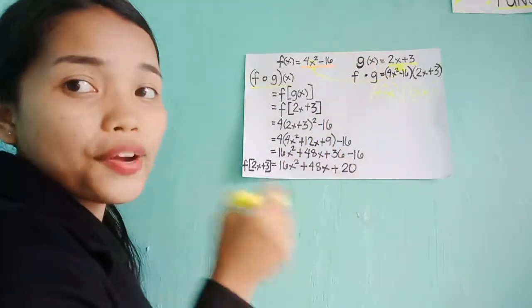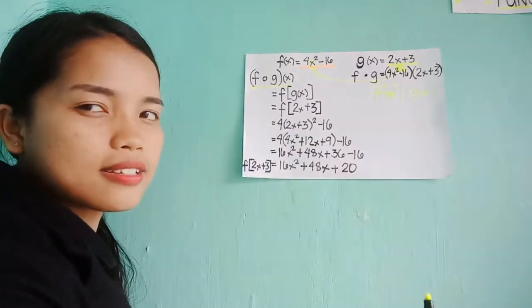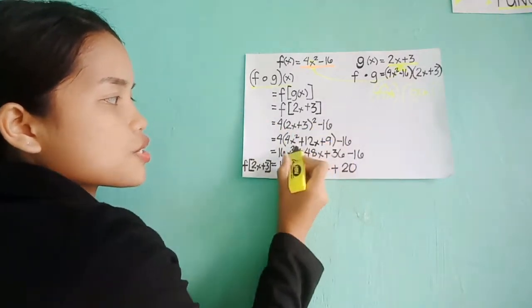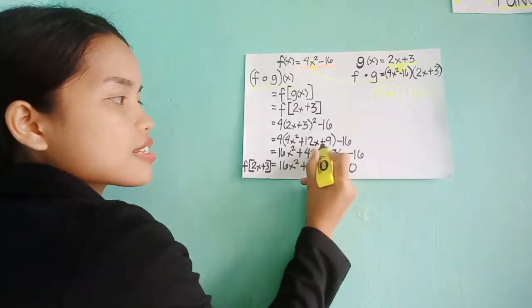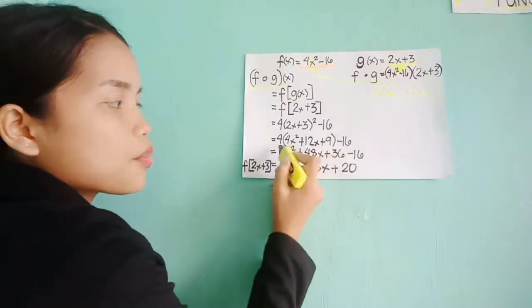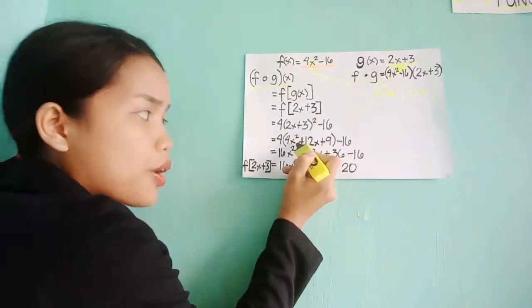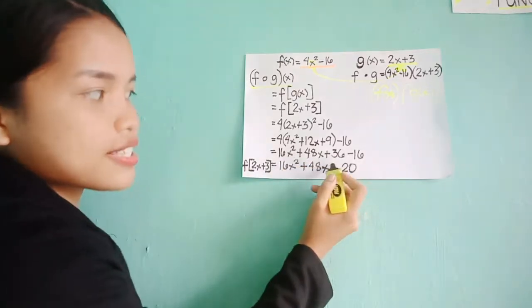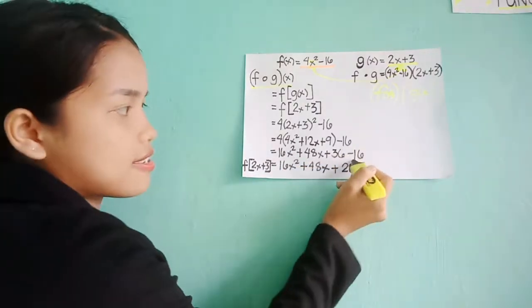First we deal with the exponent, so the answer is 4 times 4x squared plus 12x plus 9, and then the negative 16. Then we apply the distributive property, which gives 16x squared plus 48x plus 36 minus 16.